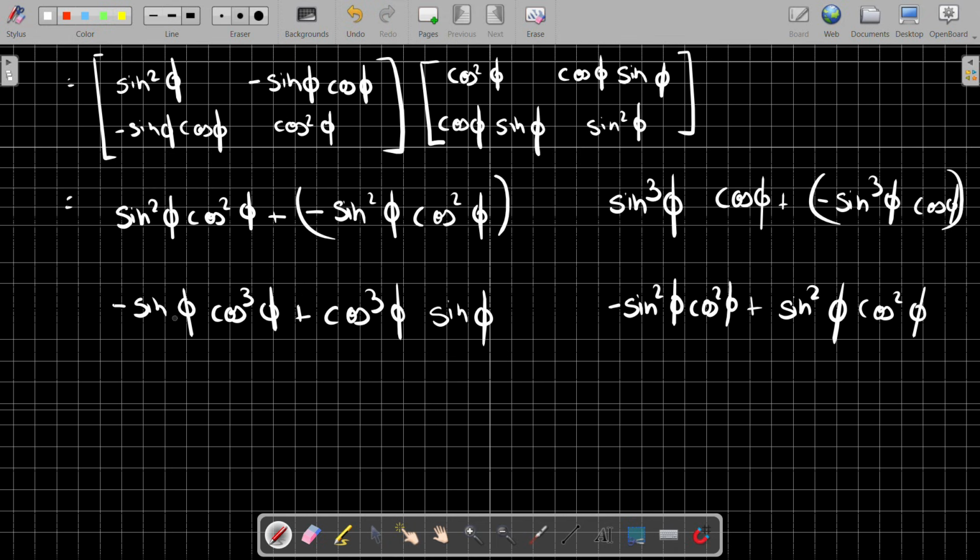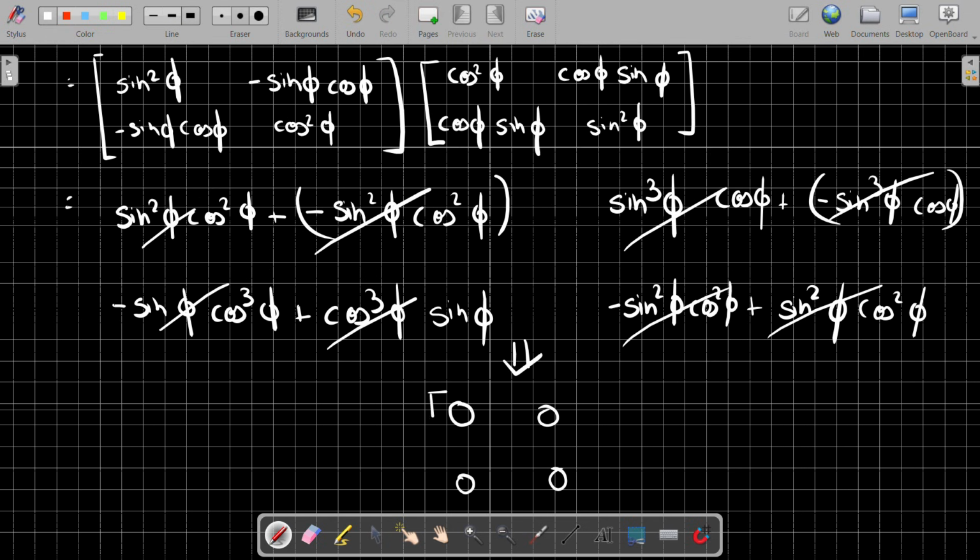So now if you take the sum of all this, this cancels out this, this cancels out this, and this cancels out this, leading us to a net matrix of 0, 0, 0, 0, which is a null matrix of order 2 by 2 as asked.